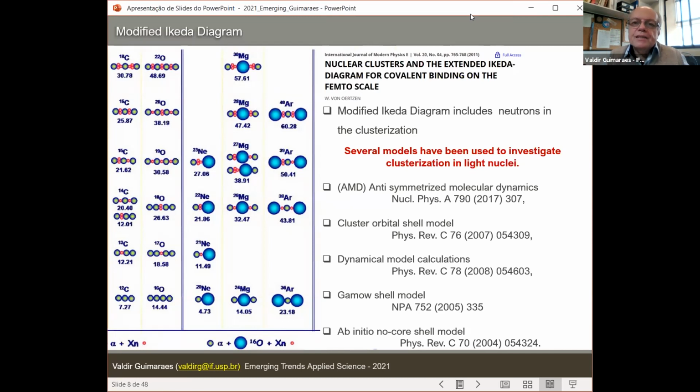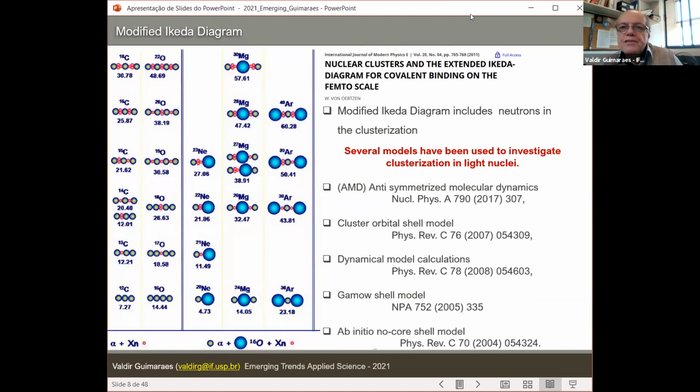And what is interesting is that for all these nuclei with mass between 20 and 30, the important states are above the neutron or alpha threshold. And the levels above this threshold are not well known. So people are doing several experiments to improve the level spectroscopy of these levels above the particle threshold.